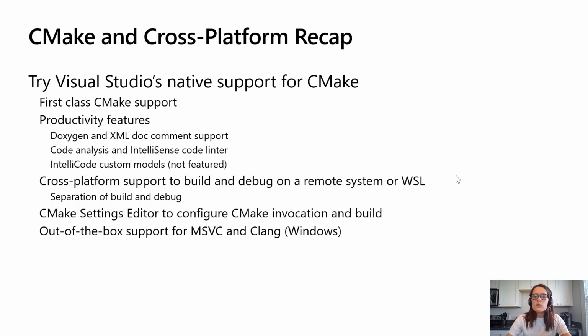We also covered some cross-platform features like the ability to separate the system you are building on from the system that you are debugging on. And in this demo, I was using WSL1. One productivity feature that I didn't have time to cover in the demo today is that C++ has support for IntelliCode custom models, which means that you can train your IntelliCode suggestions over your own repository.